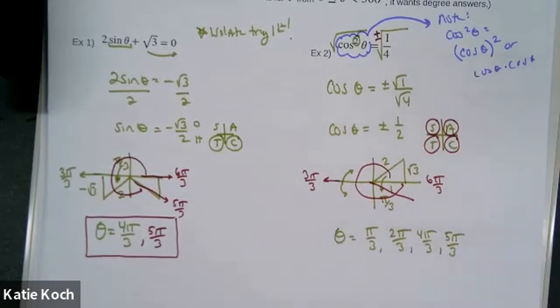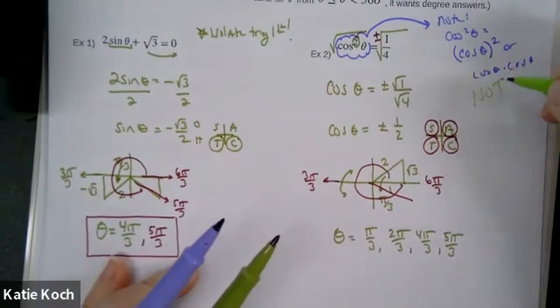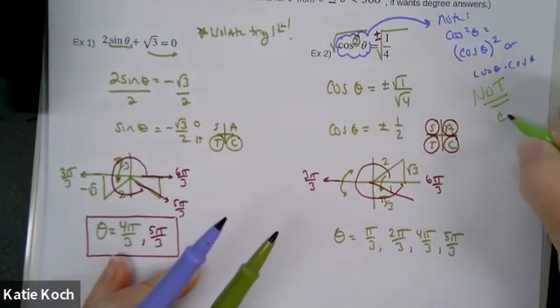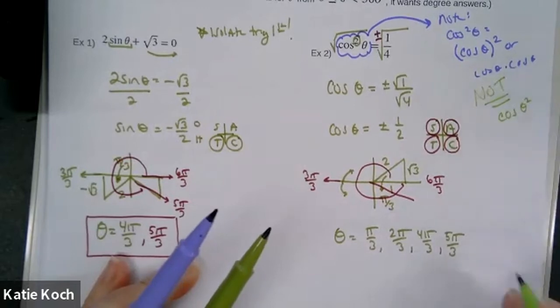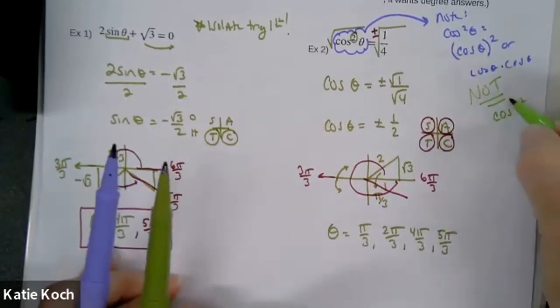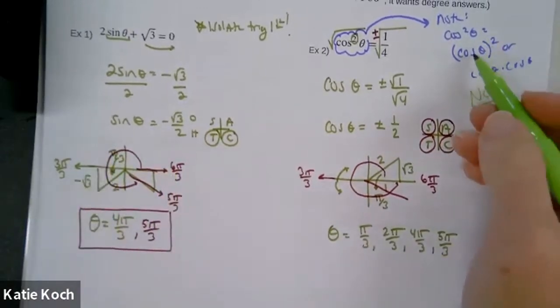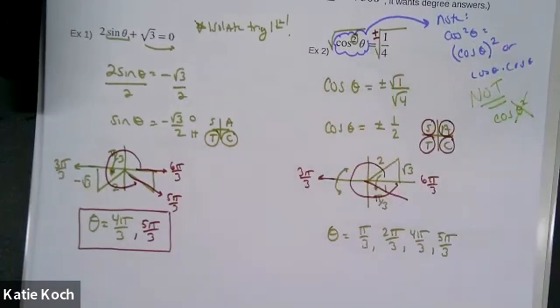It is not squaring the angle. So it is not the same thing as cosine of theta squared. You are not squaring the angle, okay? Cosine squared of theta means cosine times cosine. So just a little side note there.